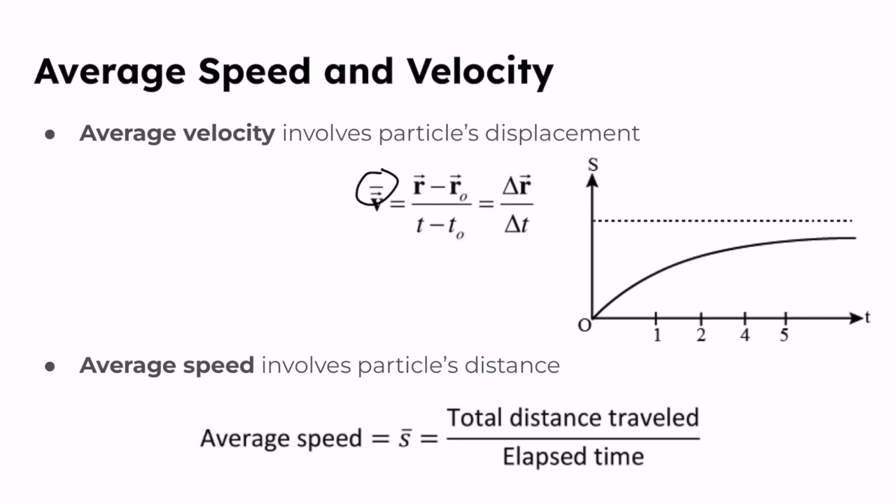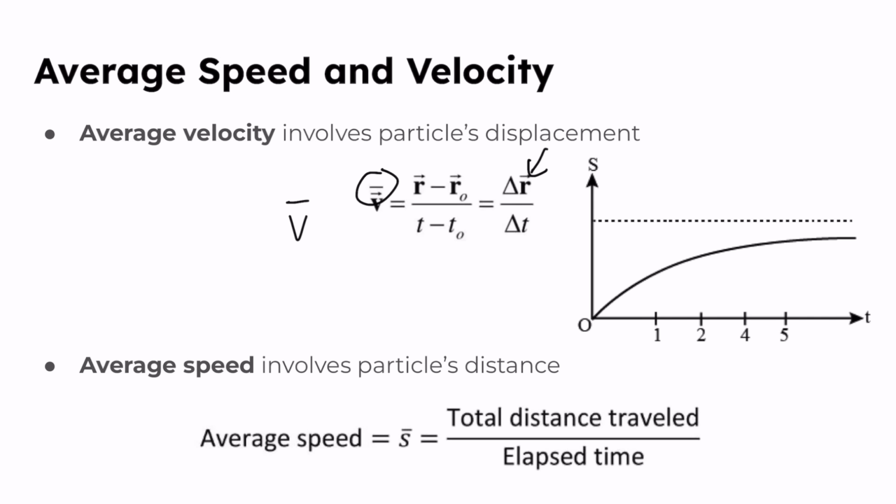Here you can also see we have a bar above the v, so v bar denotes average velocity. That is simply the change in the displacement vector, which has a magnitude and also a direction, over the change in time.